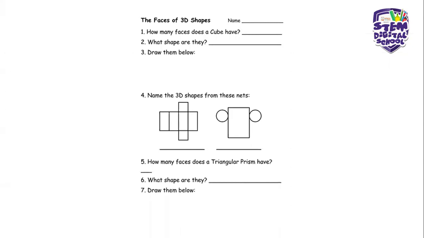And Renai as well says the rectangular prism, 4.2, the cylinder. And indeed, that is correct because the rectangular prism together with the cylinder, those are the nets.